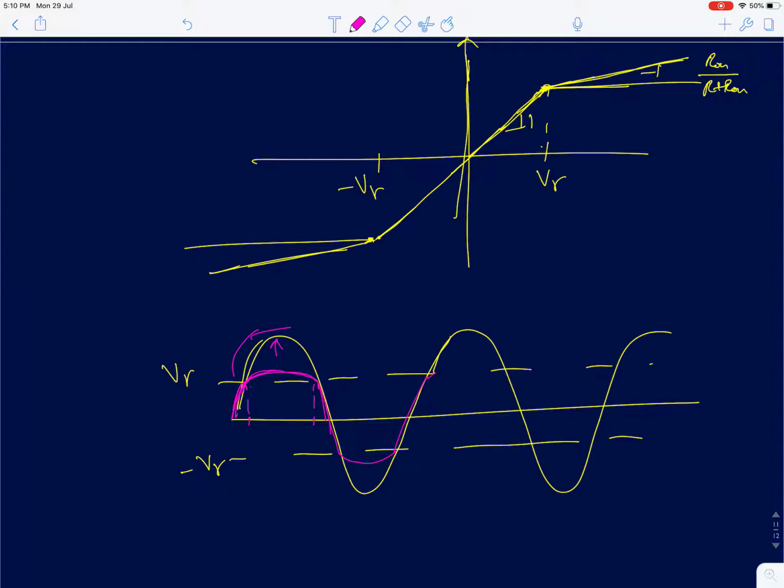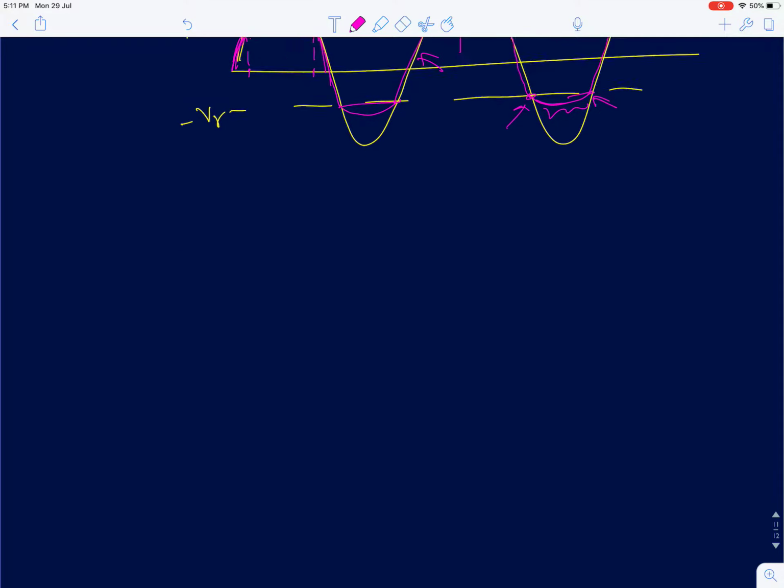It's essentially a sine shape with a small gain. Here the gain is 1, so the input and output match exactly. In this region the gain is much smaller, so there is a gain discontinuity at this point. Instead of the flat line that we expected to see in the regular model, this model captures that effect. Again, this is what you will see in a practical circuit, and it can be captured by modeling a finite resistance across it. So this is the final model.